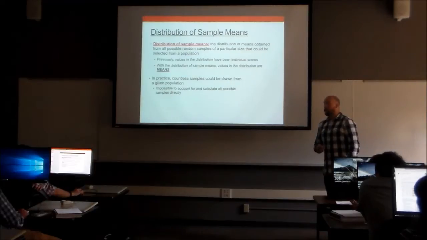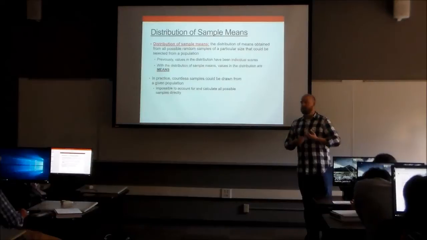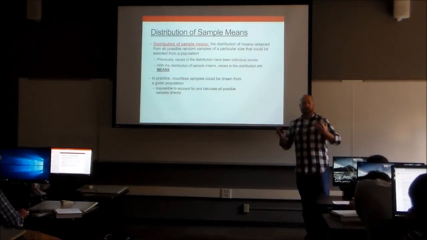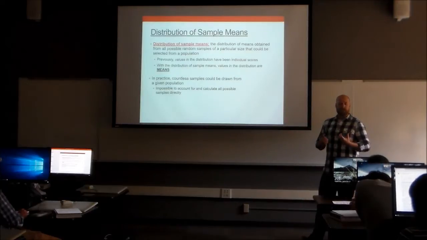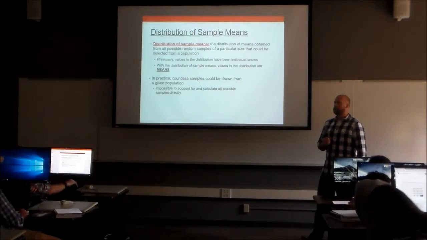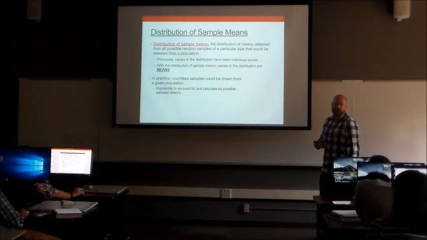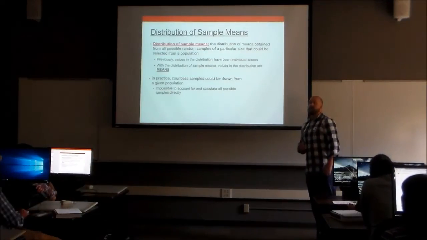Now in practice, let's say we have a population, let's say the US population, we're just interested in American citizens, right? How many people live in the US? Anybody know? 20 million, something like that? Seem reasonable? I don't know, let's say it's 20 million. And we wanted to grab a sample of 1,000 people.